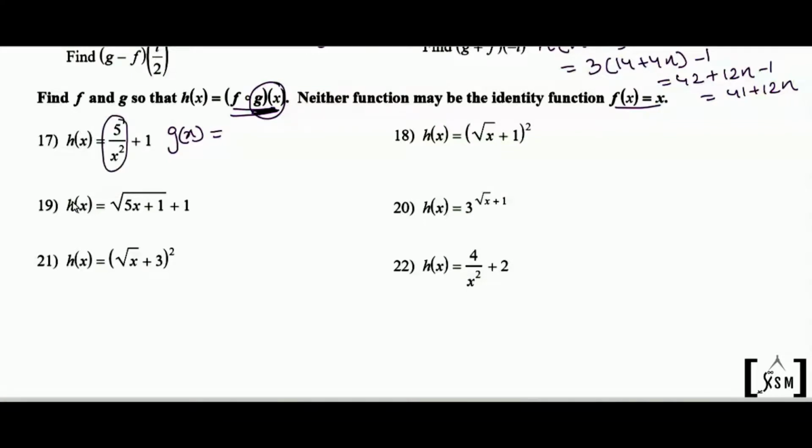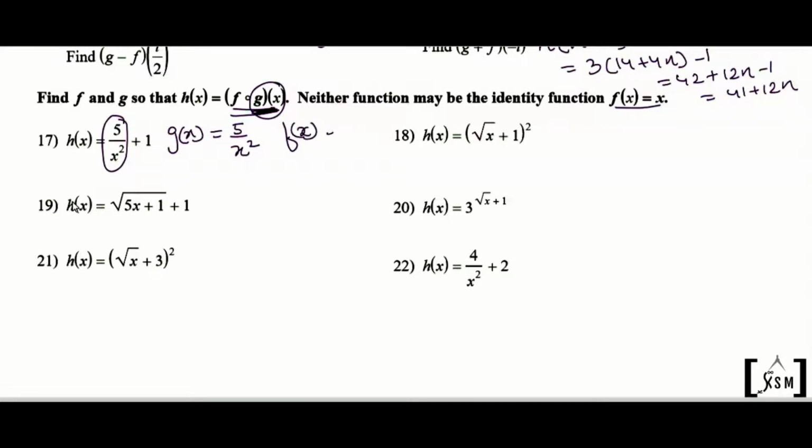I am taking 5 over x square as my g(x) function. Please have a look, 5 over x square. That is my g(x) function because g(x) was in the front. Then we'll talk about the f(x) function.